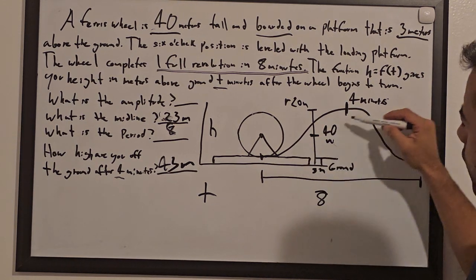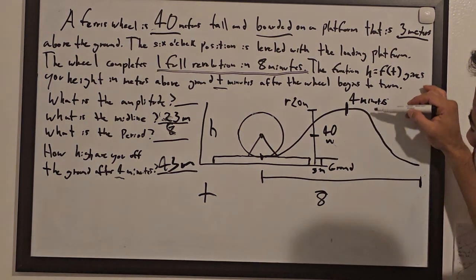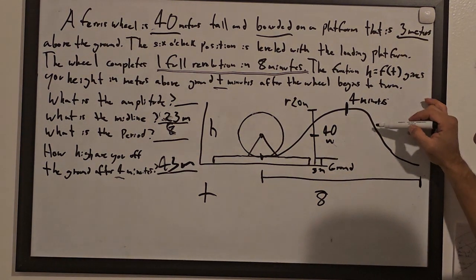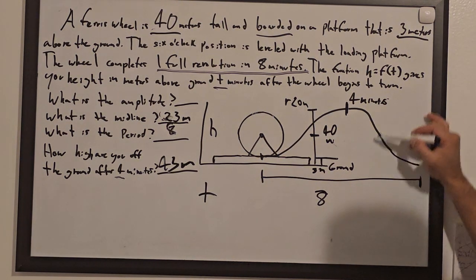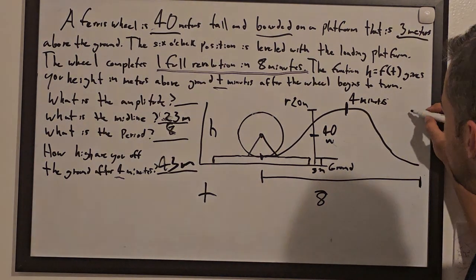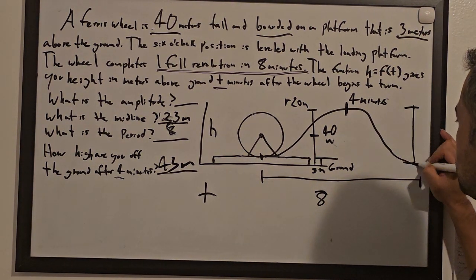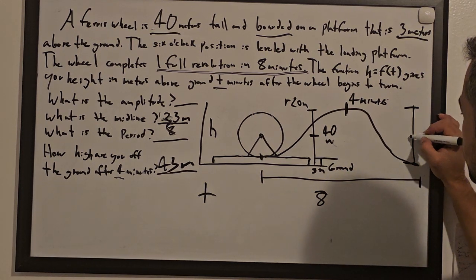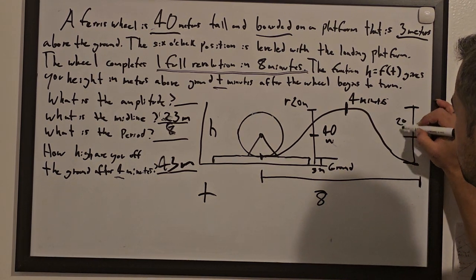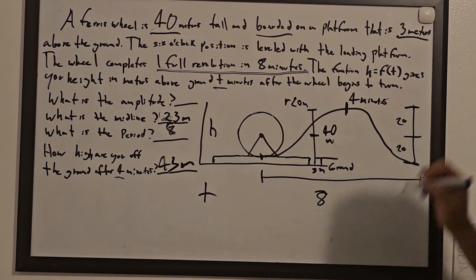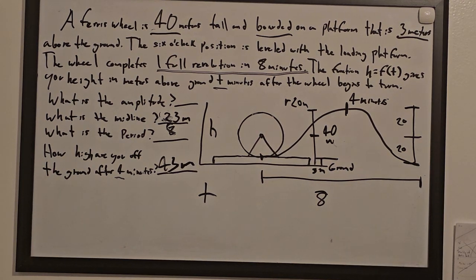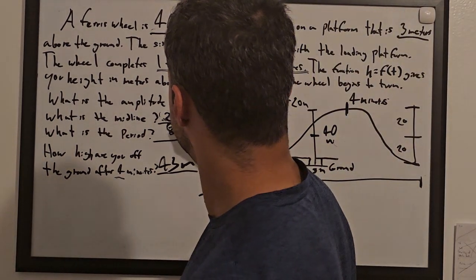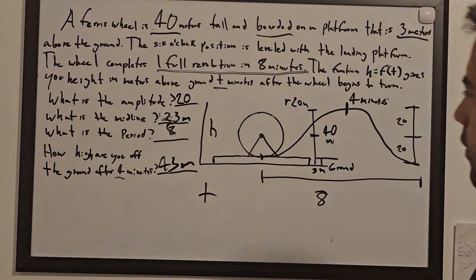So when we go from there to the top, we have 20, and when we go from there to the bottom, we're at 20. That means from here to here, we're at 20 and 20. That means we have an amplitude of 20.